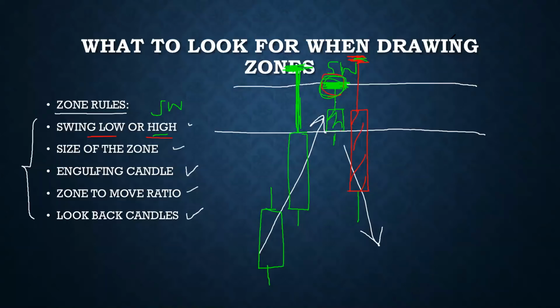Can you draw a demand zone and ensure the swing high is how it should be and how it should not be? Let me just have a bite as you guys draw. If you won't draw it, then you just leave it.